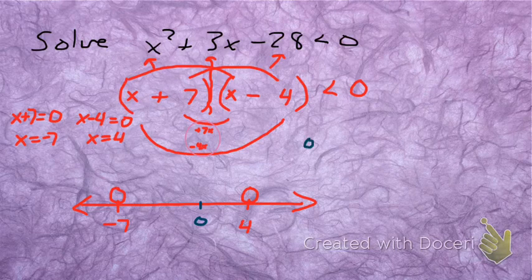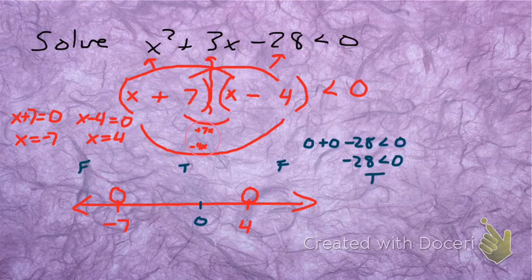I get negative 28 is less than 0, which is true, which means that the middle is true and the outsides are false. So you have a skateboard, which means that you can test any of the numbers in here and they will be true. Any of the numbers out here, any of the numbers out here, if you test them, they will be false.